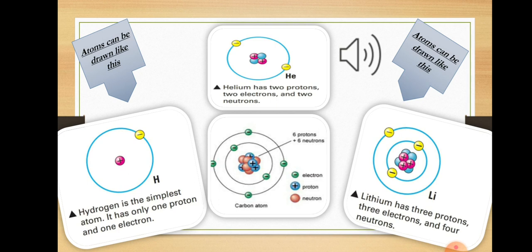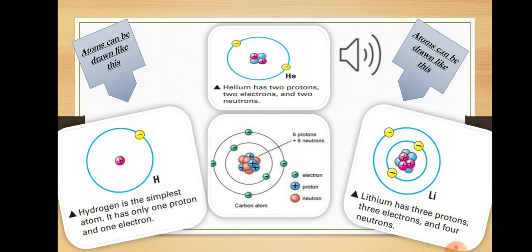Atoms are the fundamental unit of matter. They're made up of 3 types of subatomic particles: protons, which are positively charged, electrons, which are negatively charged, and neutrons, which have no charge. Protons and neutrons are located in the nucleus at the center of the atom, while the electrons orbit the nucleus. Let's take a quick look at an atom of carbon.